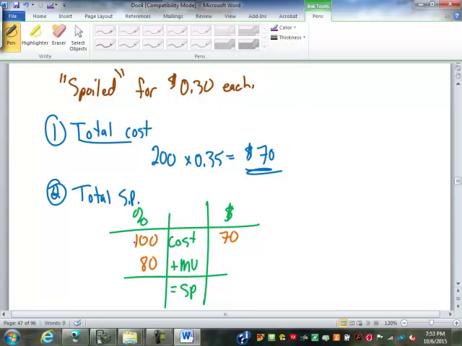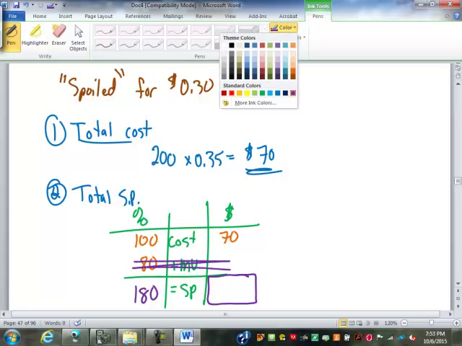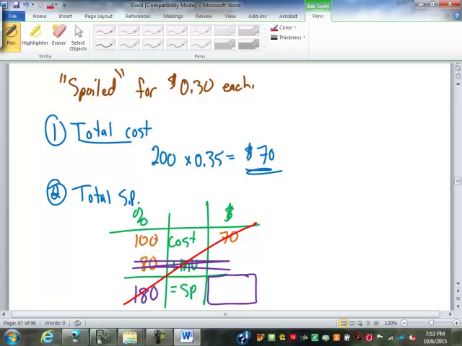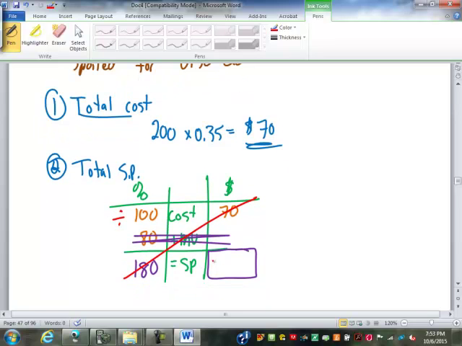We can find the percent for the selling price. 100 plus 80 is 180%. And we're looking for the dollar amount of selling price required. So 180 times 70 divided by 100 is 126, I believe. Is that correct? Okay. So $126 is what we need for our total selling price.